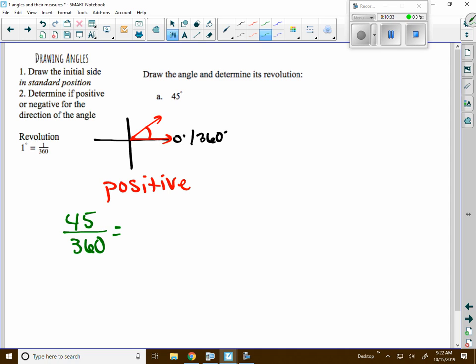You can use your calculator to simplify that. It should be 1/8. So we would say that it's 1/8 of a revolution. You went 1 out of 8 sections around the full circle, if you want to think about it that way.